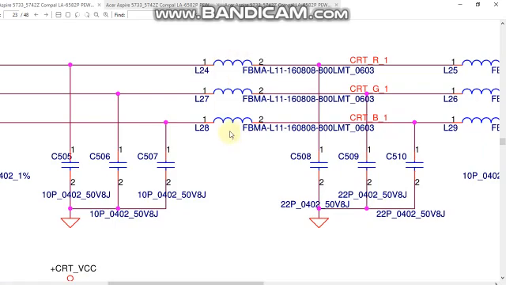So there are 3 inductors that are present in the lines of red, green, blue, okay. Inductors are represented with L. So L means an inductor, okay. Ahead of these 3 inductors, we have the filtering capacitors.